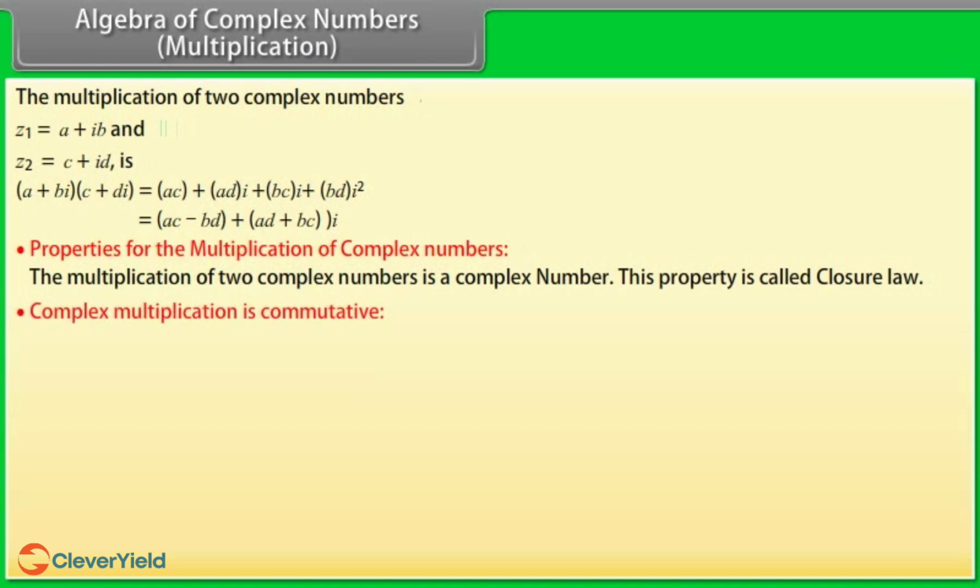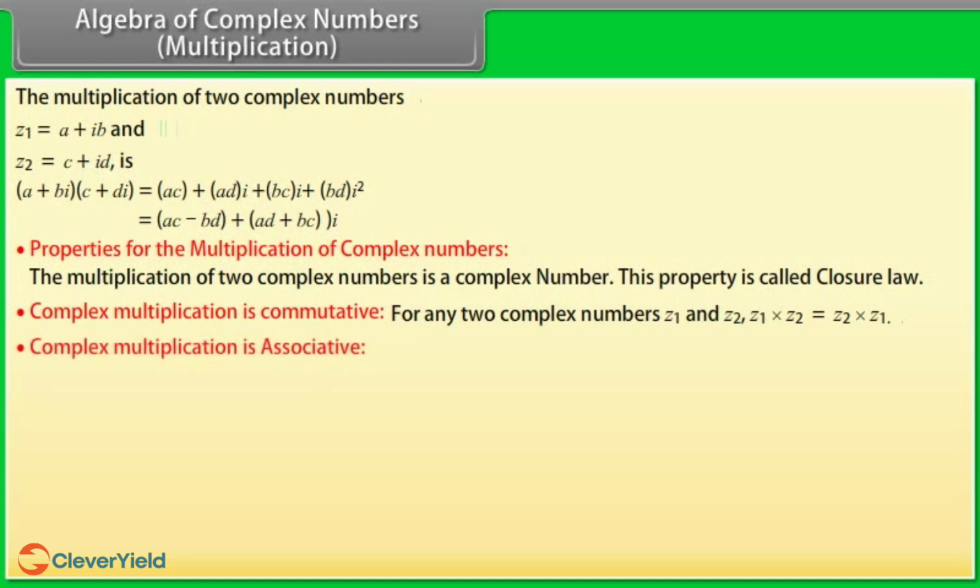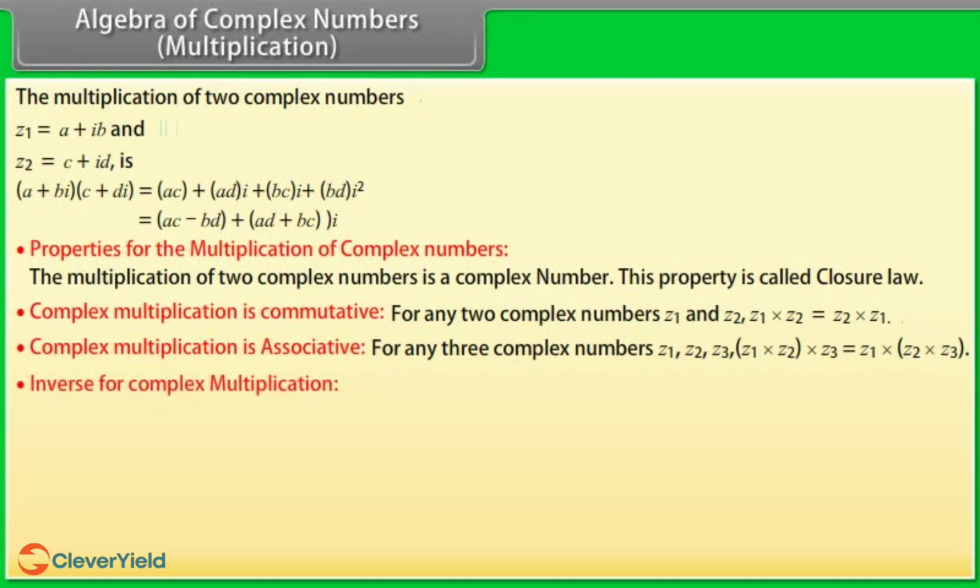Complex multiplication is commutative. For any two complex numbers z1 and z2, z1 into z2 is equal to z2 into z1. Complex multiplication is associative. For any three complex numbers z1, z2, z3, z1 into z2 into z3 is equal to z1 into z2 into z3. Inverse for complex multiplication.